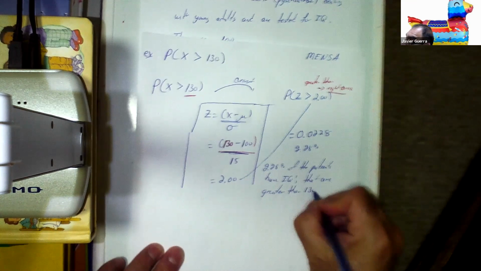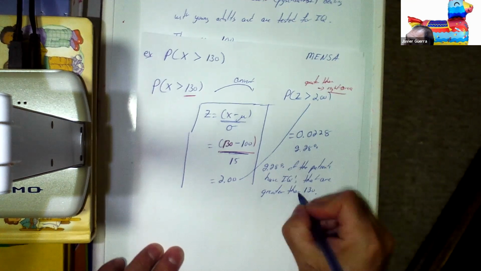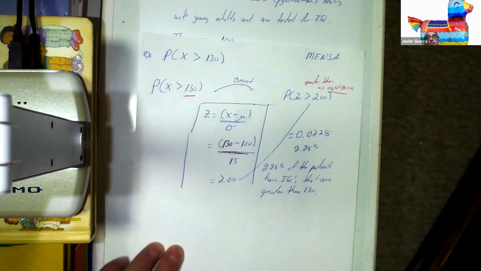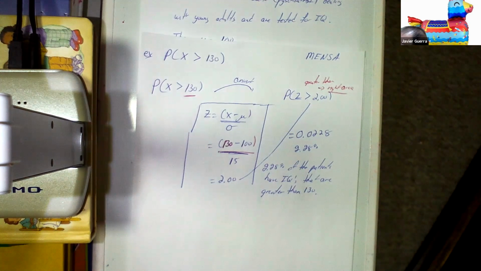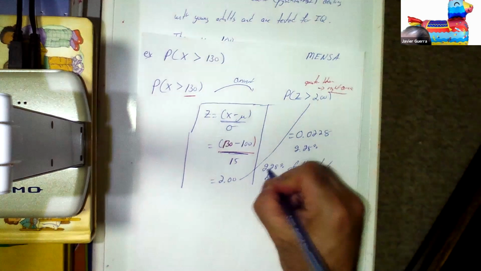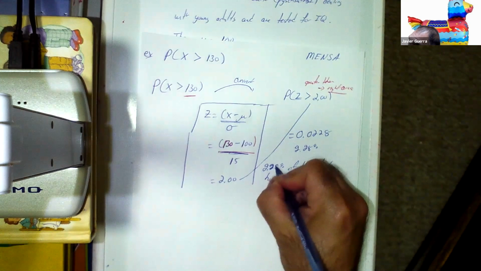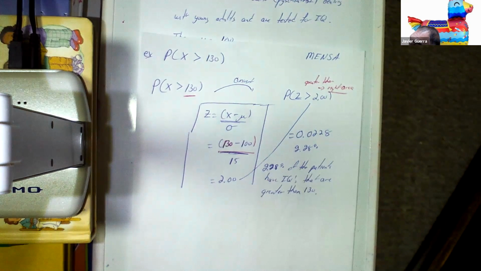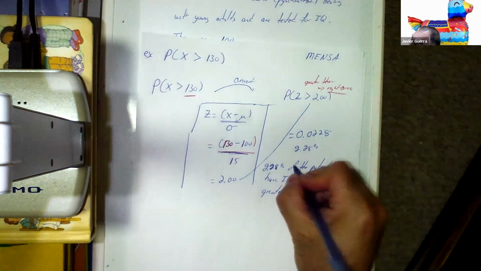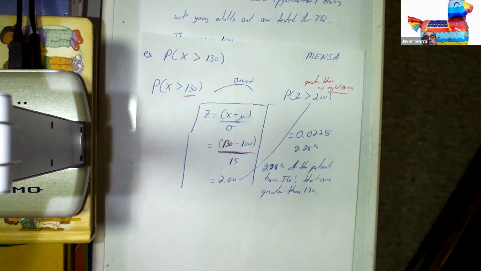That's a very small pool there. Not a lot of Mensas in that group. These people should have taken Spanish before they made that name, Mensa.